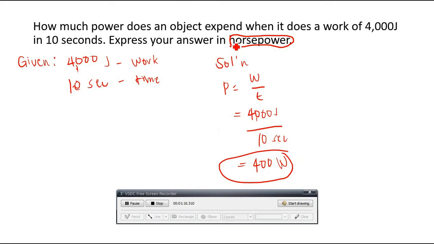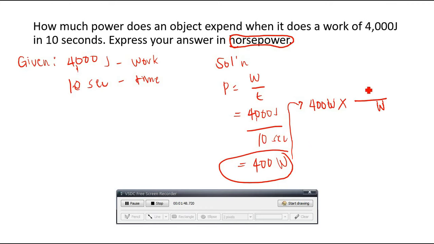Now we're going to express that in horsepower, so we can use the conversion table that we had earlier. From 400 watts, we say 400 watts times a bar, and below the bar is the given unit, which is your watts. It has to always be below the bar so that you can cancel it, and then your desired unit must be on top.